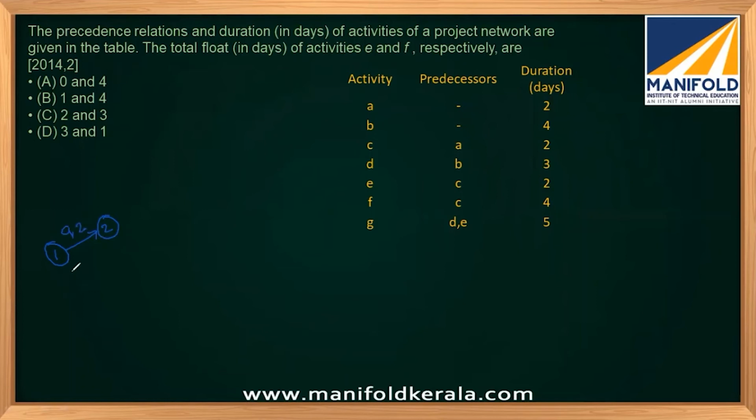Then B also does not have any predecessor, so let this be B, duration 4. Then C has a predecessor A, so let's put C here. Duration 2. D has a predecessor B.